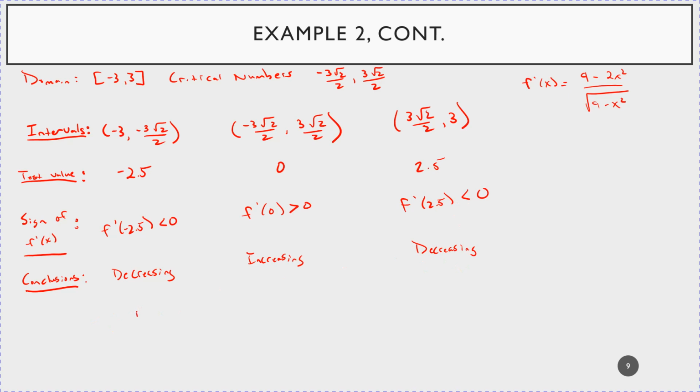So this function is decreasing on negative 3 to negative 3 square root of 2 over 2, and also on this interval here. And it's only increasing on this interval here.